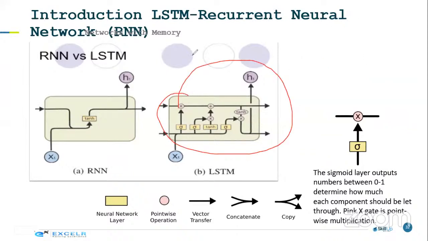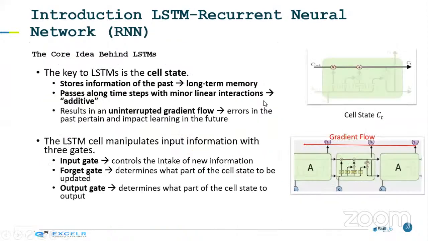Let's go through these one by one: input gate, forget gate, output gate, and the cell state. First, let's understand what the cell state is and what kind of operation it is doing.